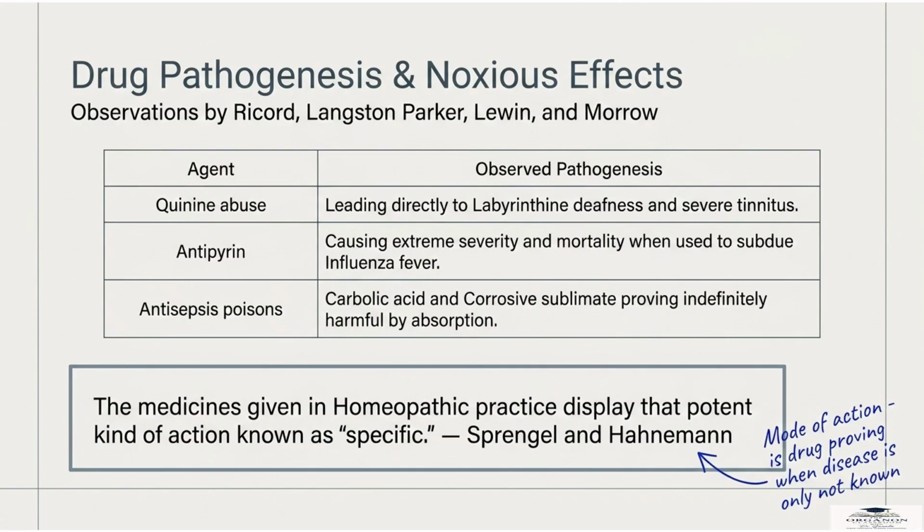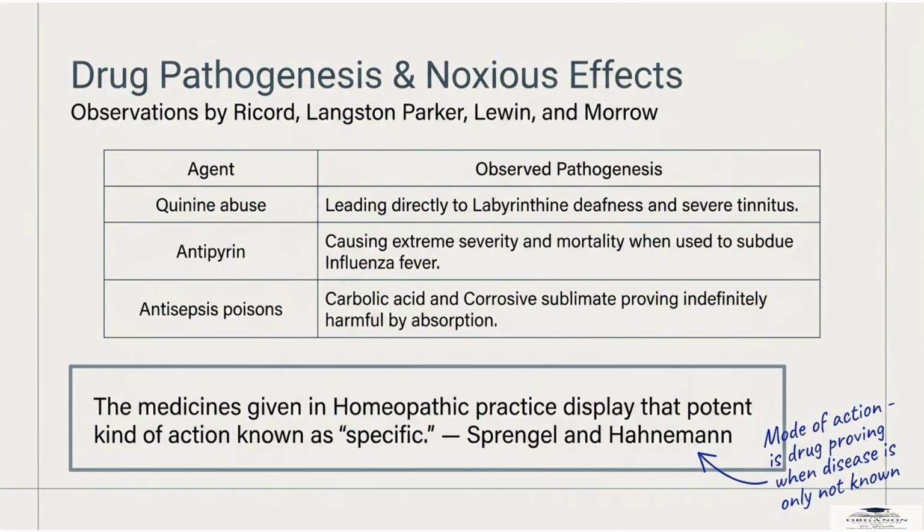Later observations showed that its indiscriminate use could actually worsen the patient's condition and in some cases increase the mortality. ठीक है, third हम देख रहे हैं antiseptic poisons का, such as carbolic acid, corrosive sublimate. ये chemicals were extensively used as antiseptics, but they could be absorbed through the tissues and produce systemic poisoning. ओके, तो main बात हम लोग यहाँ पे क्या दे रहे हैं, which is even spoken by Sprengel and Hahnemann. ठीक है, ये दोनों का भी जो कहना है is that the medicines given in homeopathic practice display that potent kind of action as specific.